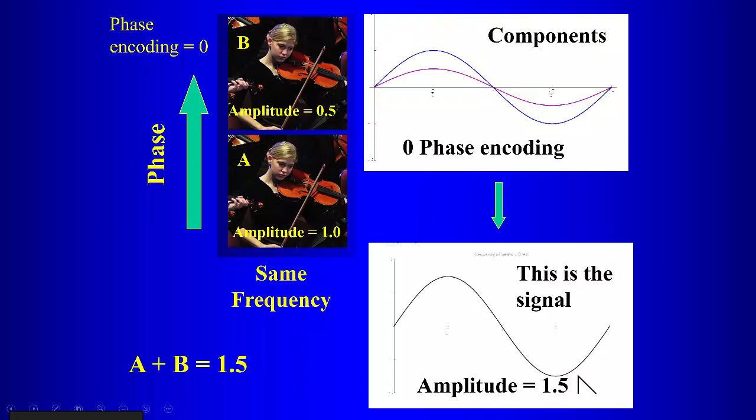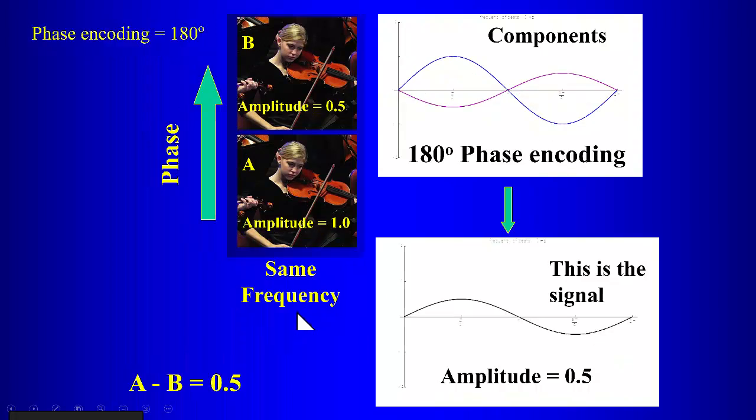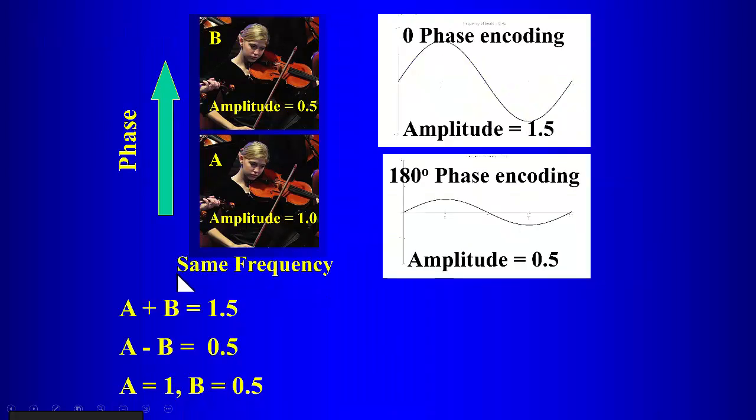Your total signal is 1.5. So A plus B equals 1.5. No problem there, right? Now, what if I'm able to tell them to play exactly 180 degrees out of phase? If they play 180 degrees out of phase, the signals start to cancel. So the total signal is now 0.5. It's A minus B, 0.5, okay?